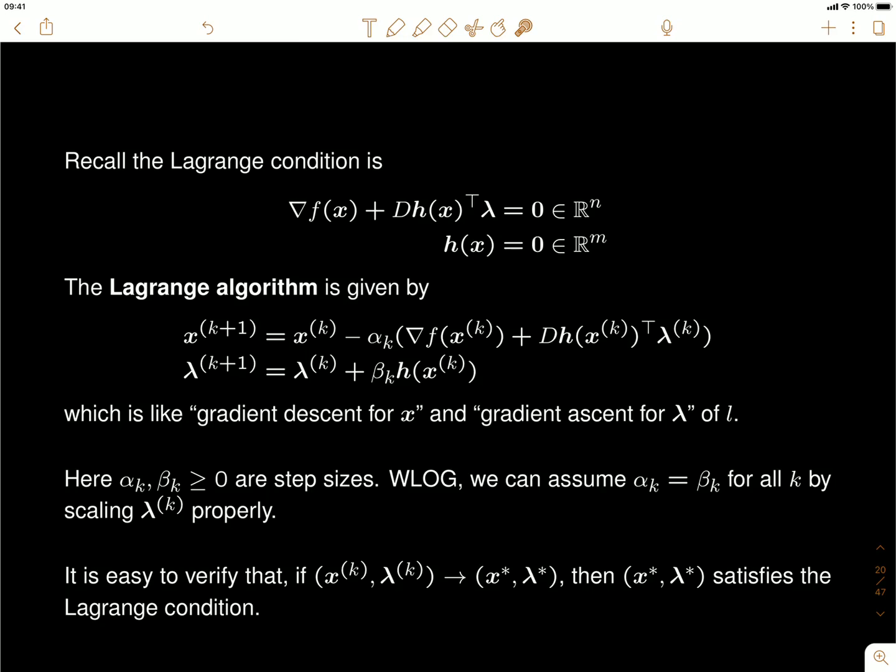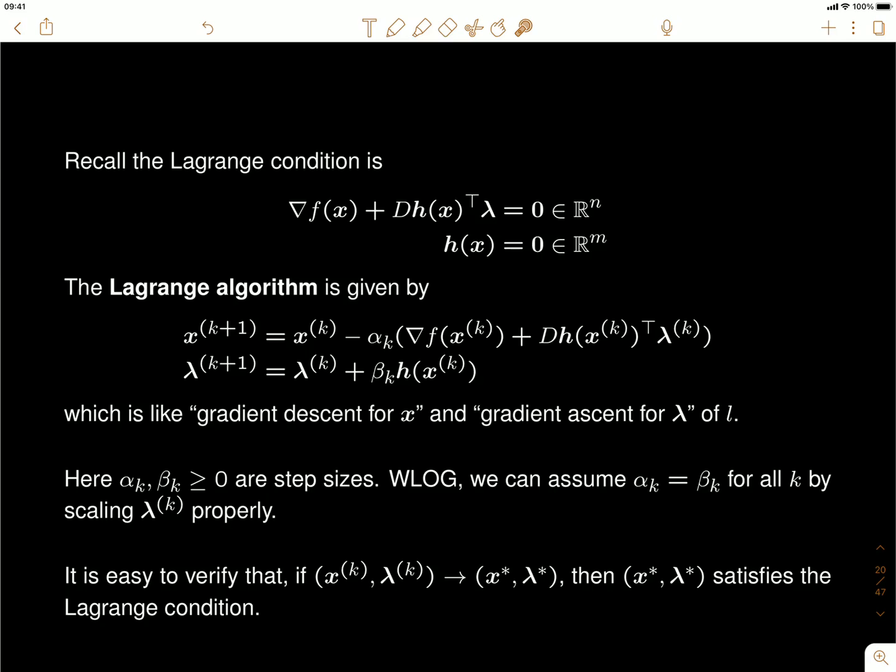All right, now remember that the goal is to find a critical point for the constrained problem, which are the points that satisfy this condition. We're trying to find such x. Remember that when we handle the unconstrained problem, we just do gradient descent.